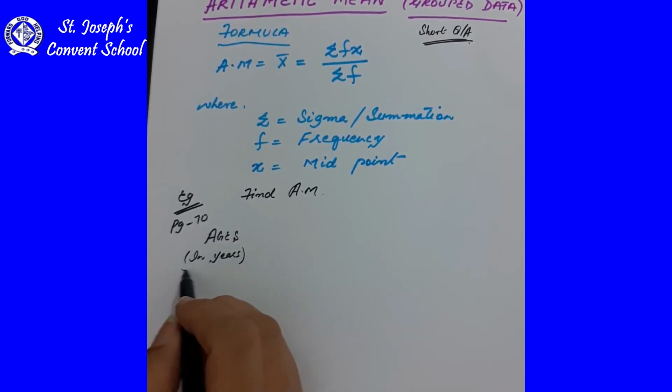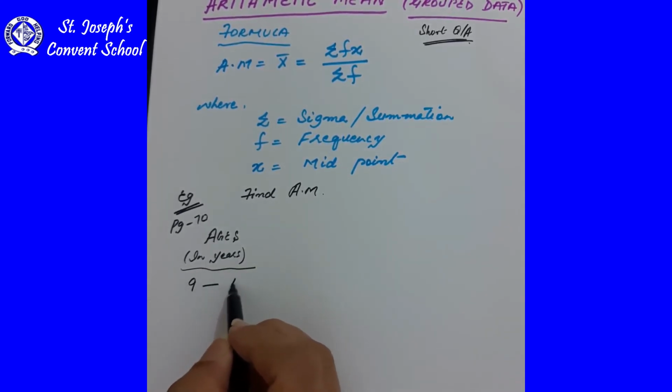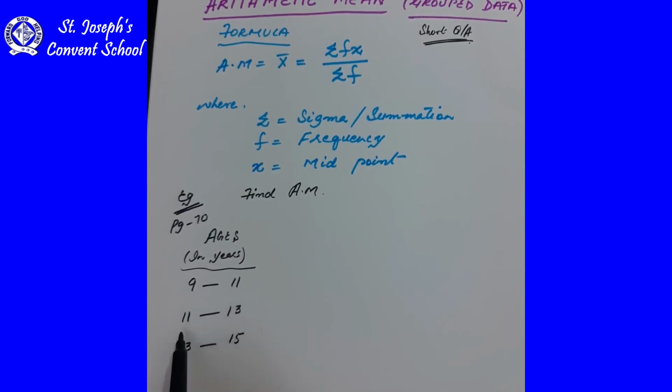Ages are given from 9 till 11, then from 11 till 13, then from 13 till 15. All these are age group students from 9 years till 11 years. Then how many students are there from 11 years till 13 years? Then from 13 till 15 years, how many are there? Then from 15 till 17 years, how many are there?